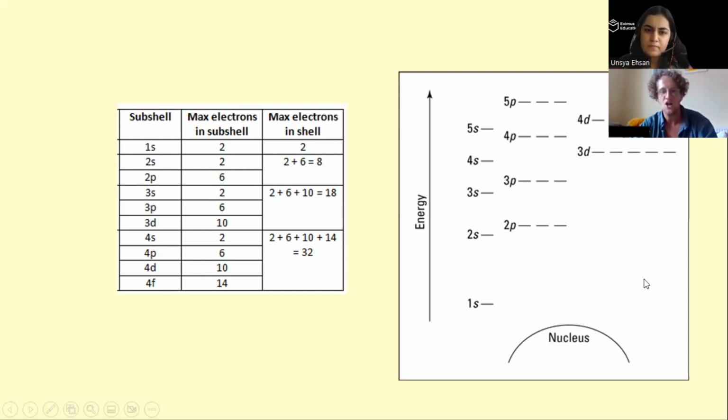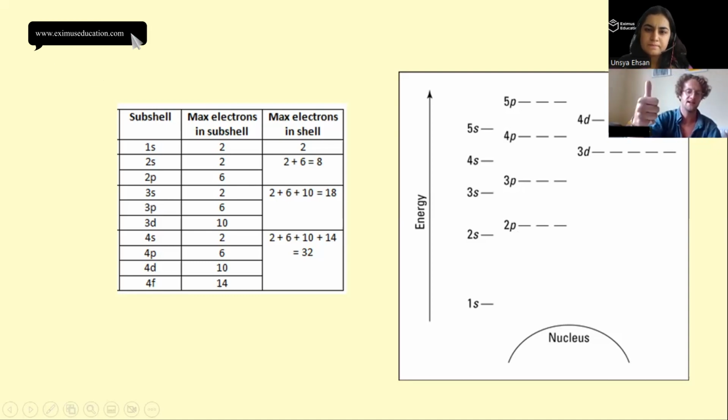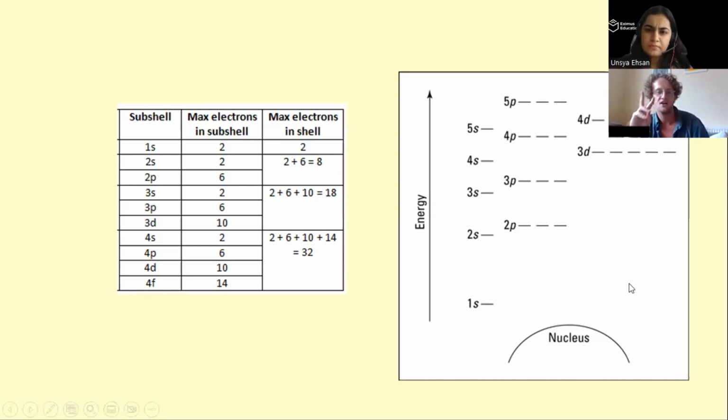Fantastic, brilliant. For the knowledge we've got so far, 2 electrons in an S subshell, 6 electrons in a P subshell. The last 2 subshells you need to know about are D here. So how many electrons does it look like can fit in a D subshell?